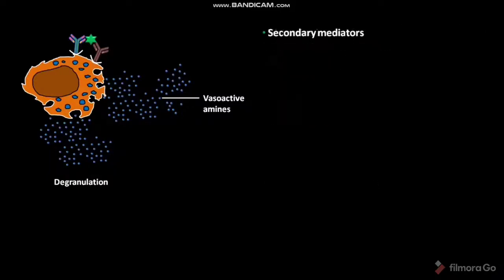The secondary mediators exocytosed by activated mast cells and basophil cells are leukotrienes like LTD4, LTC4, LTB4, prostaglandins, mainly PGD2, and platelet activating factor or PAF.